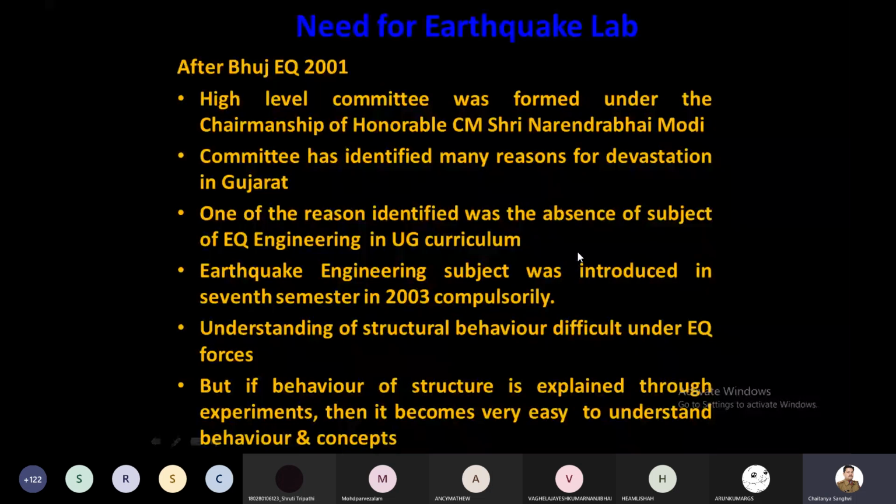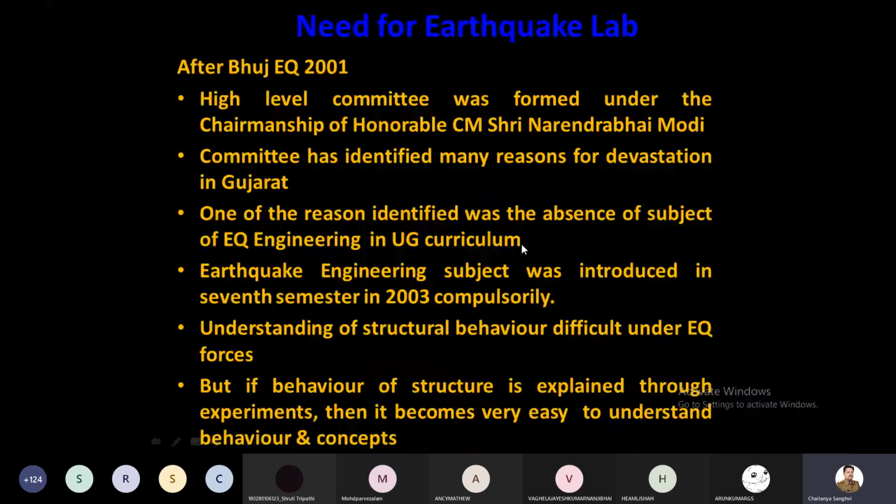We came across a number of structural engineers and civil engineers at that moment, and we found that they did not know the concept of earthquake engineering. They are very good as far as the design of structures for gravity loads is concerned. But when we have to design the structure for lateral load, how the lateral load is distributed.